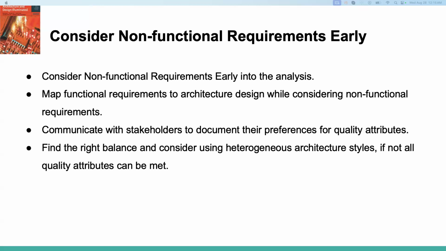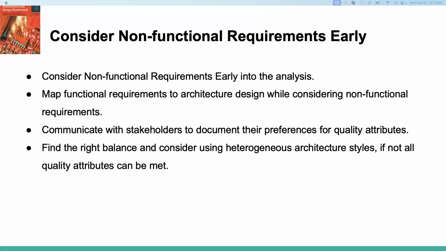These include things like performance, security, and usability. They shape how the system performs under the hood. Don't forget to communicate with stakeholders. Their input on quality attributes is key. They will help you understand what's important from a user and business perspective. Documenting their preferences ensures that everyone is on the same page.